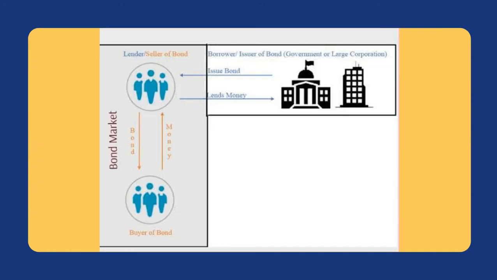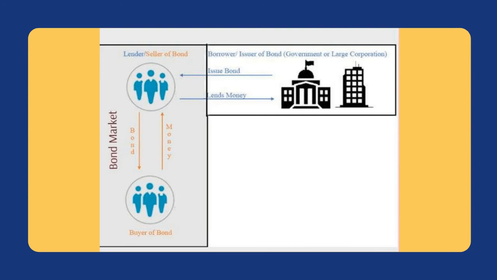So this is the transaction sa bond market. So, si borrower or si issuer of bond, it's either gikan sa gobyerno or sa isa ka dako nga corporation padulong kay lender or seller sa bond.